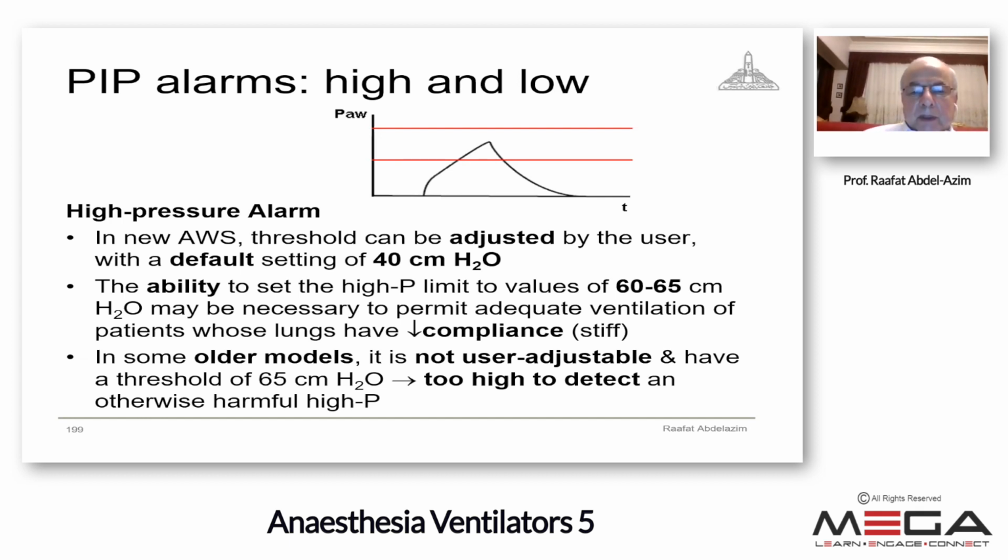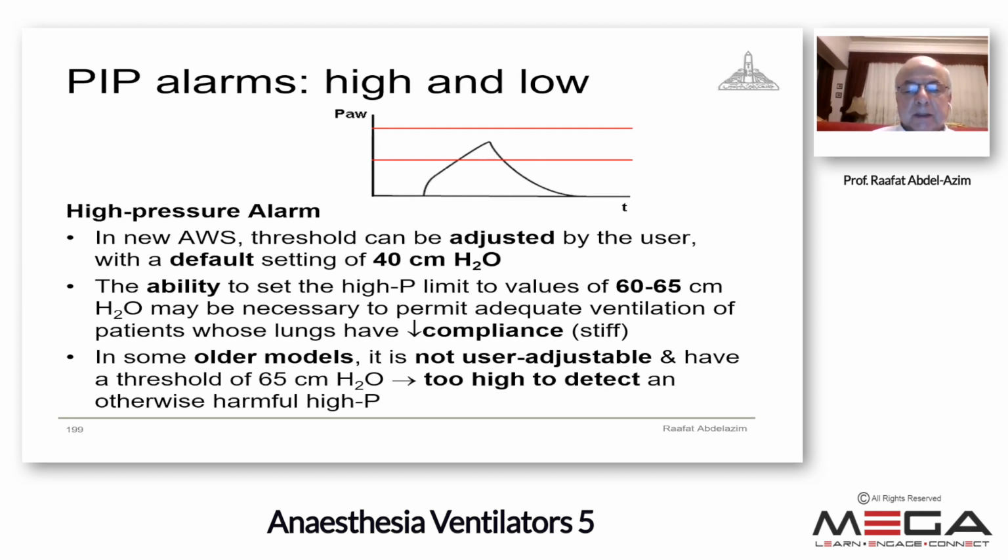You look at the red lines. The upper one is the higher limit, and there should be a lower limit alarm. The lower alarm is usually neglected or ignored by most of us. Everybody knows how to adjust the high.